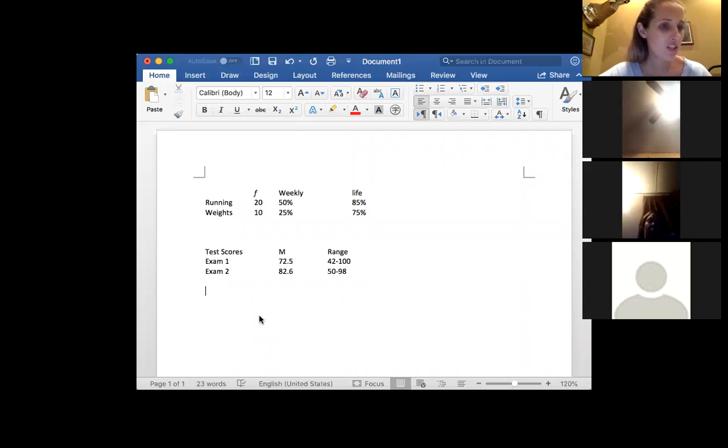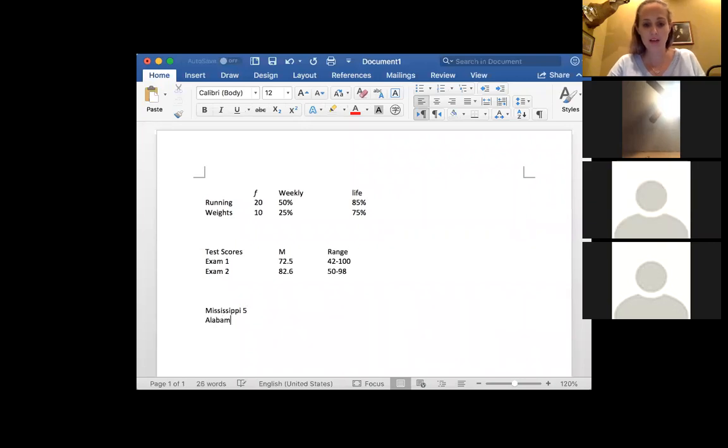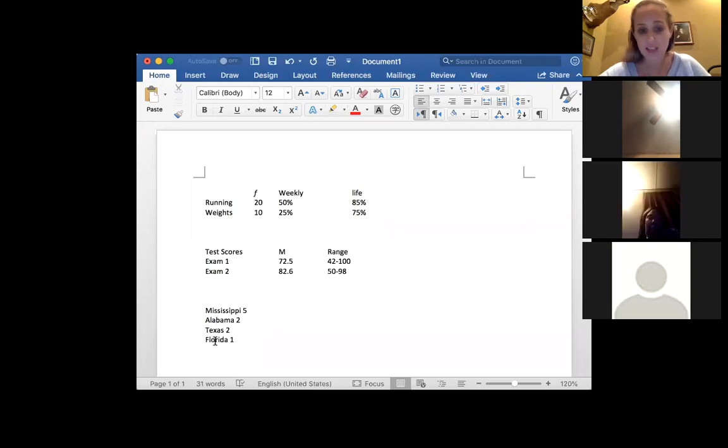No. So remember, it's just a name. Let's write it out. If we're looking at where everyone in the class is from, we'll say Mississippi 5 people, Alabama 2, Texas 2, Florida 1. You can't really take an average of Mississippi, right? You can't take an average of Alabama or Texas or Florida.